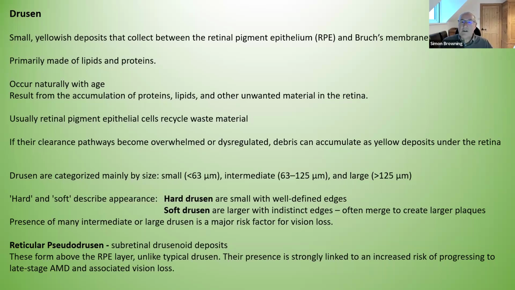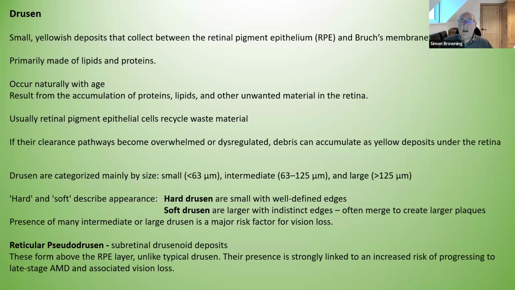So drusen are a sign of interrupted normal metabolic function, and that's going to increase with age. They're categorized by their size. So small drusen are under 63 micrometers, intermediate 63 to 125, and then large drusen as well. And then, as I said, down into hard and soft drusen.